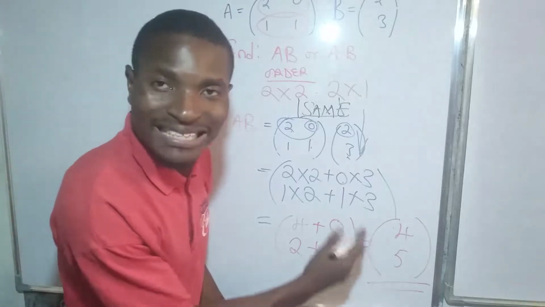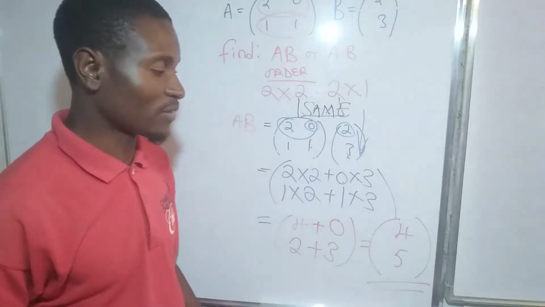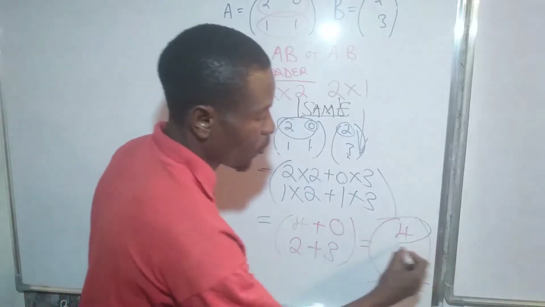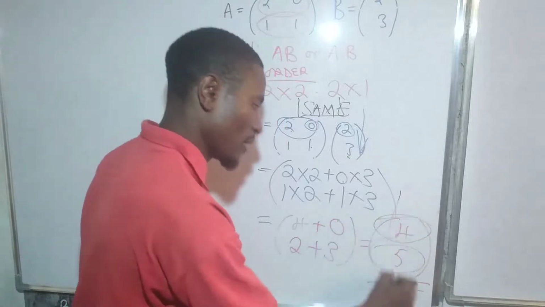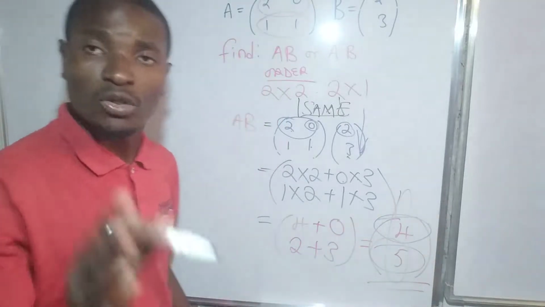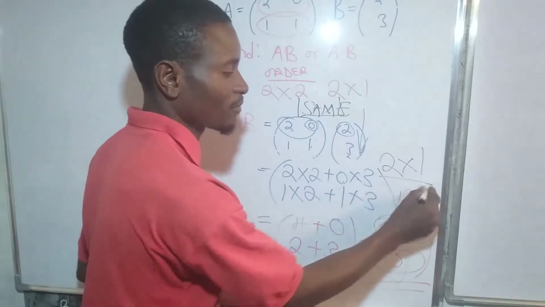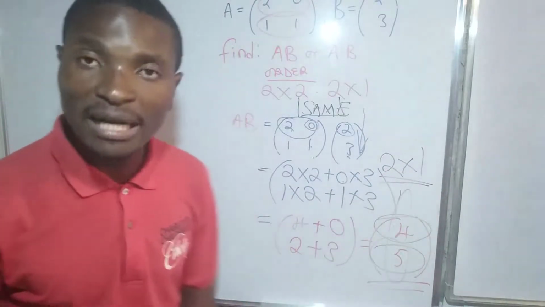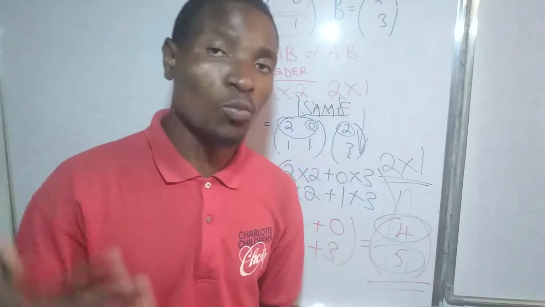Now, what is the order of the answer for this matrix? So this is 2, and then 1. The order of the answer is 2 by 1. So the order for the matrix of the final answer is 2 by 1.